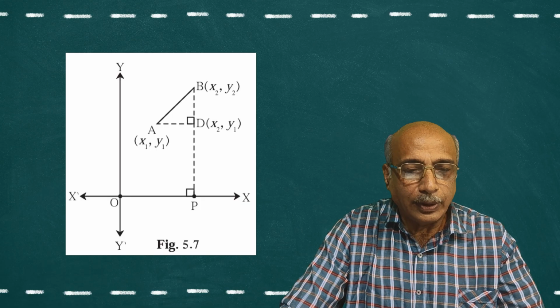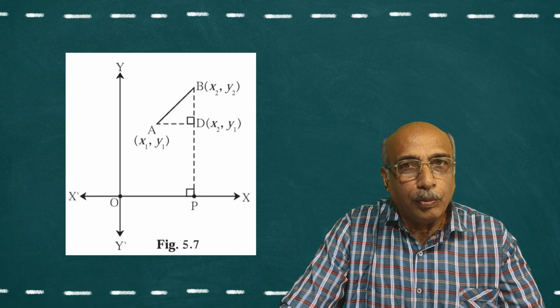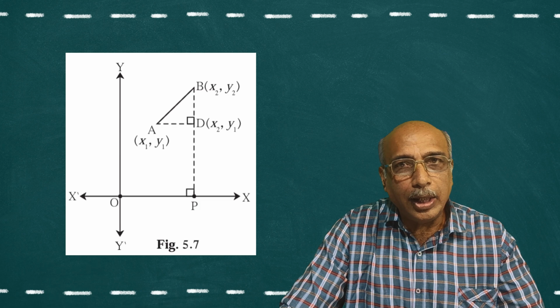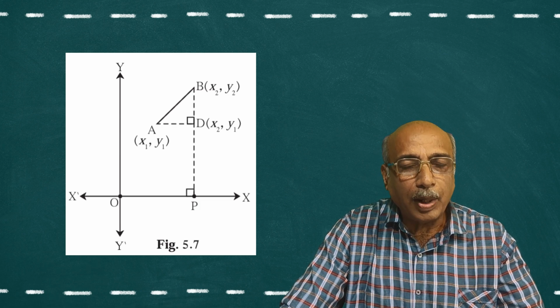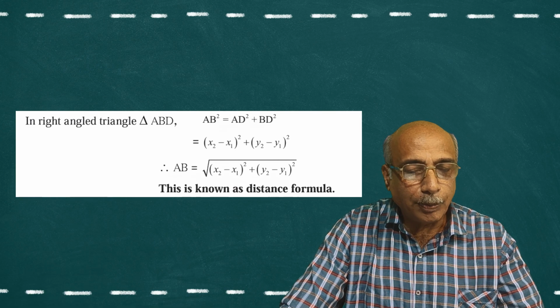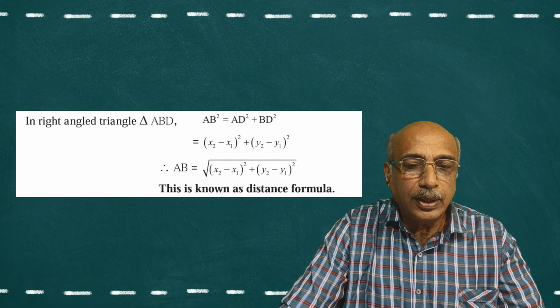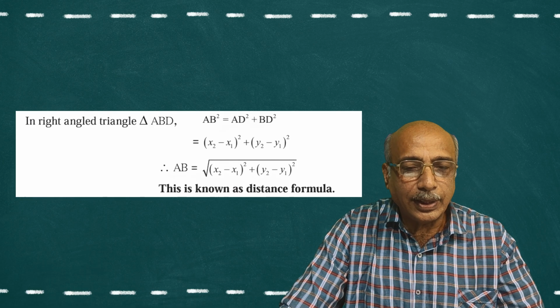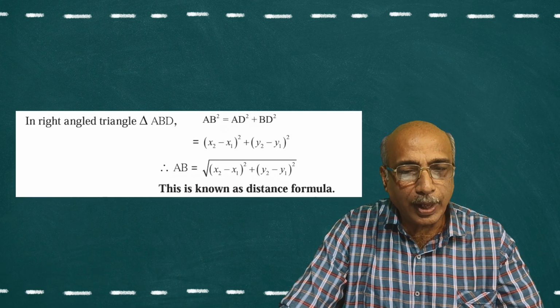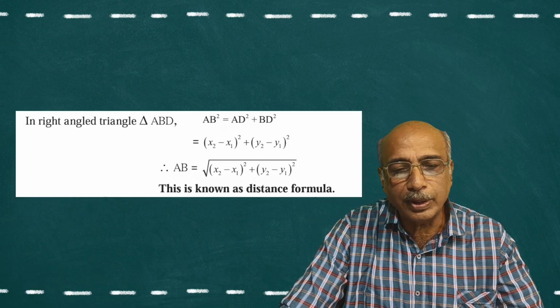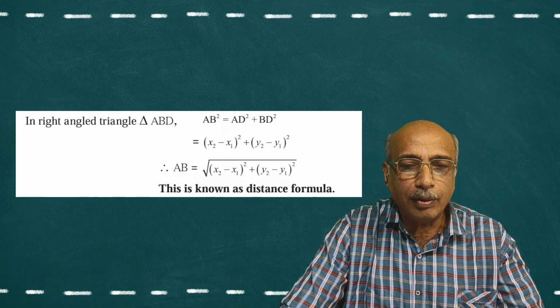We can find out. Here we will apply in triangle ADB, where angle D equals 90 degrees, Pythagoras theorem. What is Pythagoras theorem? You know very well. AB square equals AD square plus BD square. Therefore, AB square equals (x2 minus x1) whole square plus (y2 minus y1) whole square.